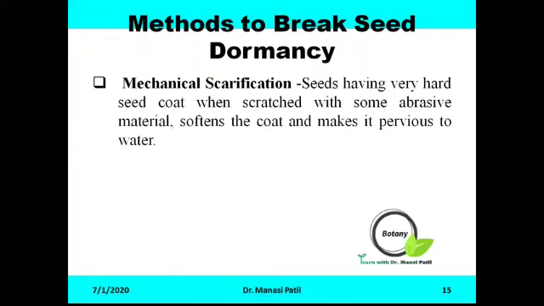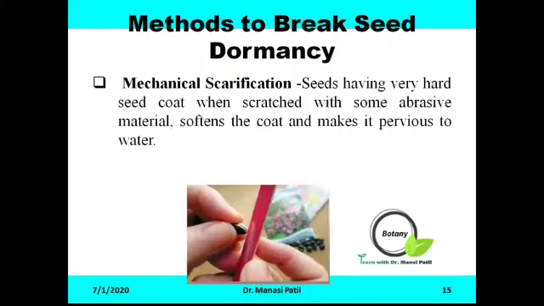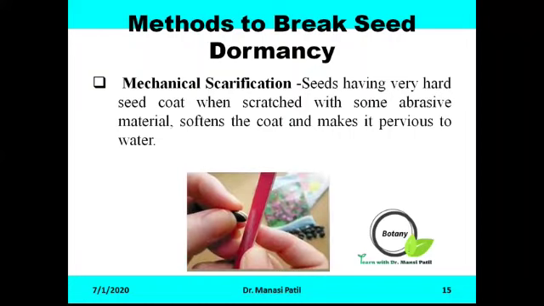Mechanical scarification means that tools such as knives, sandpaper, etc. may be used to soften the seed coat, which makes it permeable to water. This diagram shows the method of mechanical scarification, that is rubbing of seed on a hard surface.